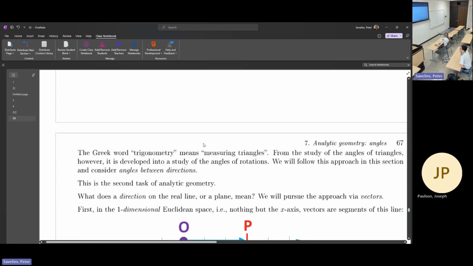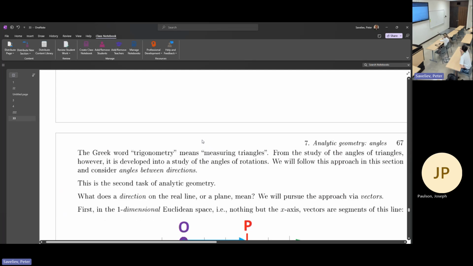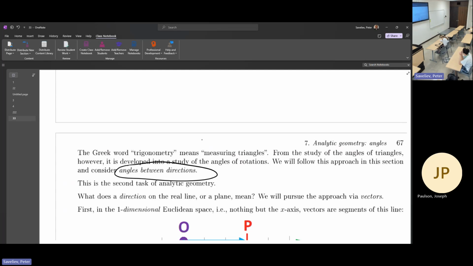Once again, we start with dimension one, and then we will be talking about the angles between directions. Just like with distances, we abandon triangles and measurements, but rather speak of distances. Similarly, here we have to speak in terms of directions.